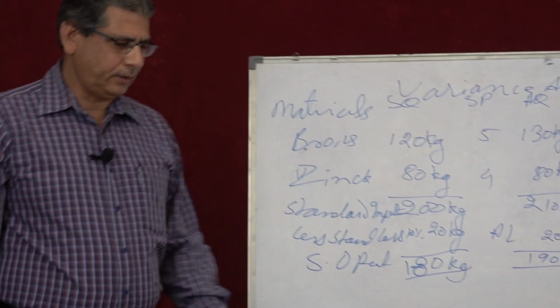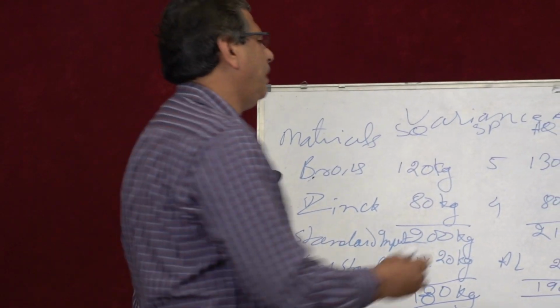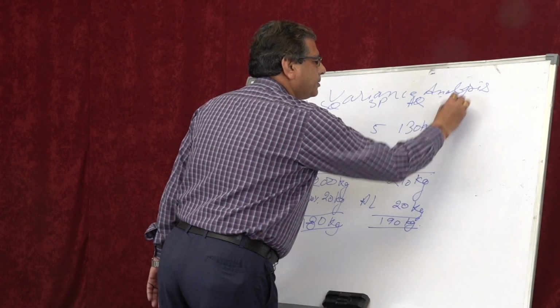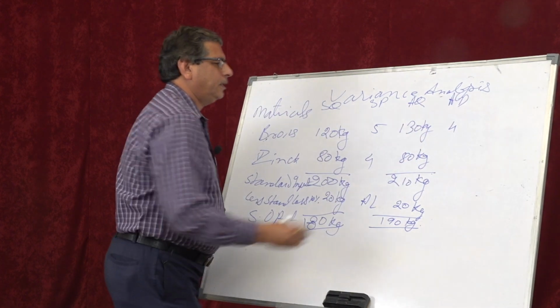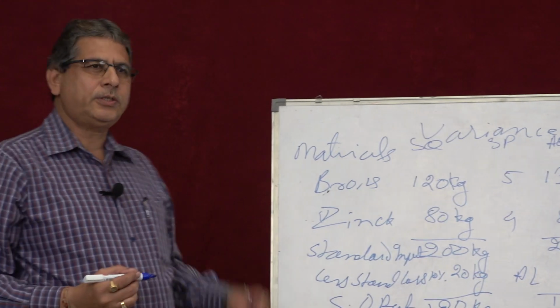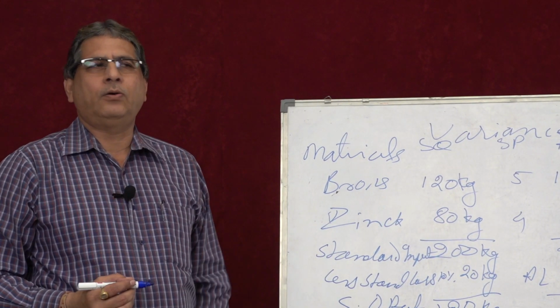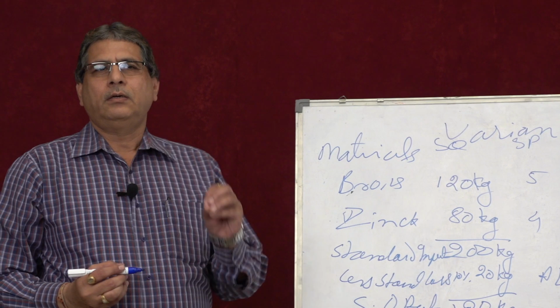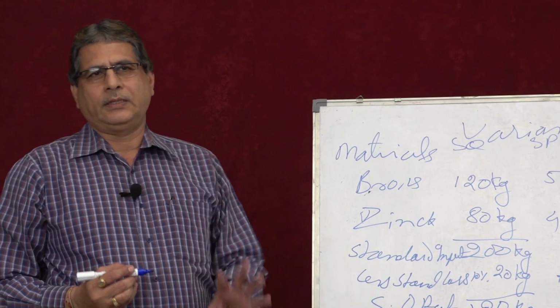This is the situation, and the prices actually paid in the market, actual price is rupees 4 per kg, rupees 3 per kg. This is the given situation where we are to find out standard material cost variances.